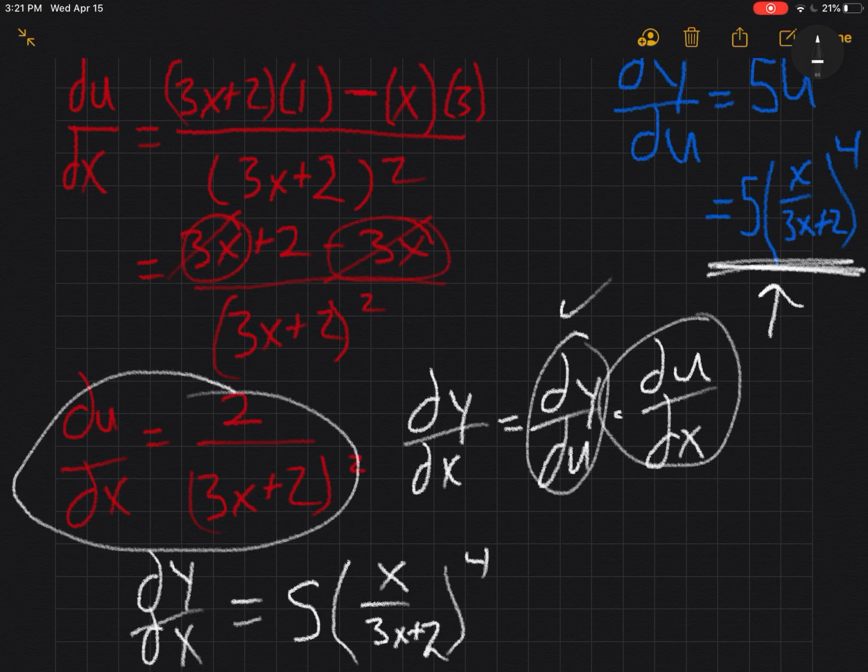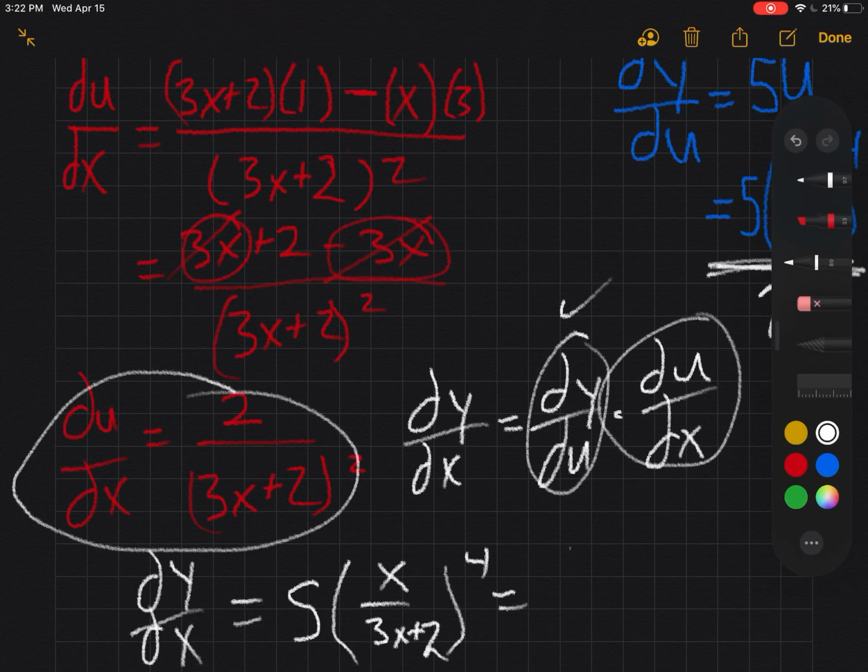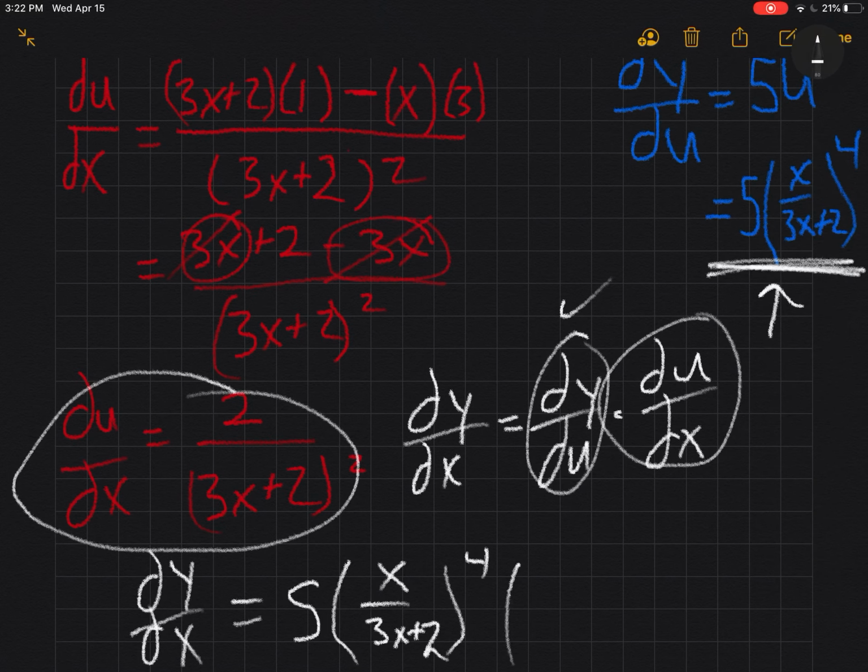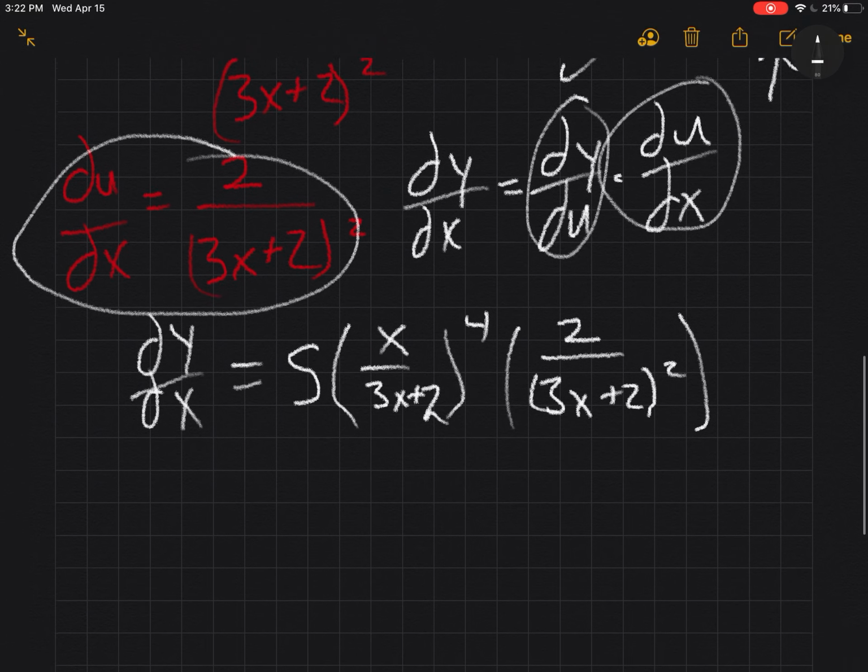This is my derivative of y with respect to u, so I have 5 times (x over 3x plus 2) to the 4th power. That's my derivative of y with respect to u. Then I'm going to multiply in the derivative of u with respect to x, which is right here.